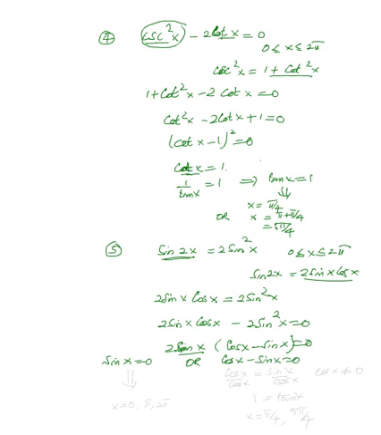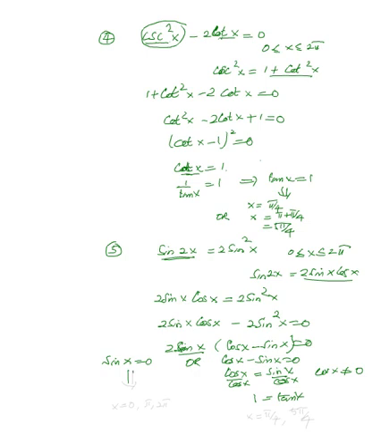Now if I solve for cosine of x, it becomes cosine of x equals sine of x. If I divide both sides by cosine of x, assuming cosine of x is not 0, we will have tangent of x equals 1.